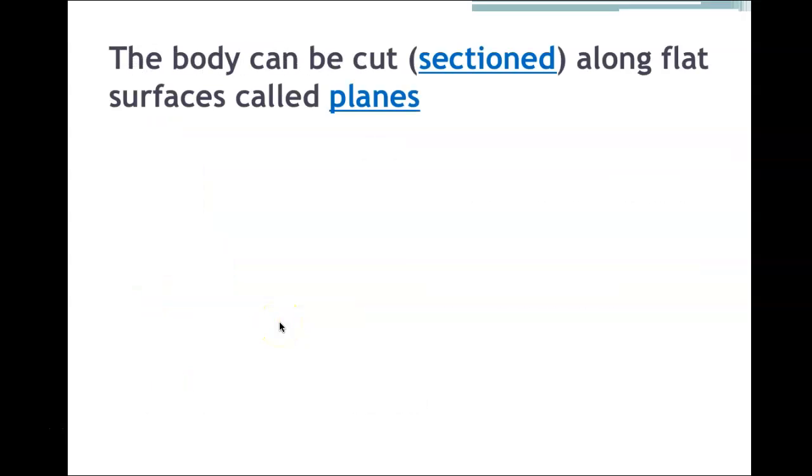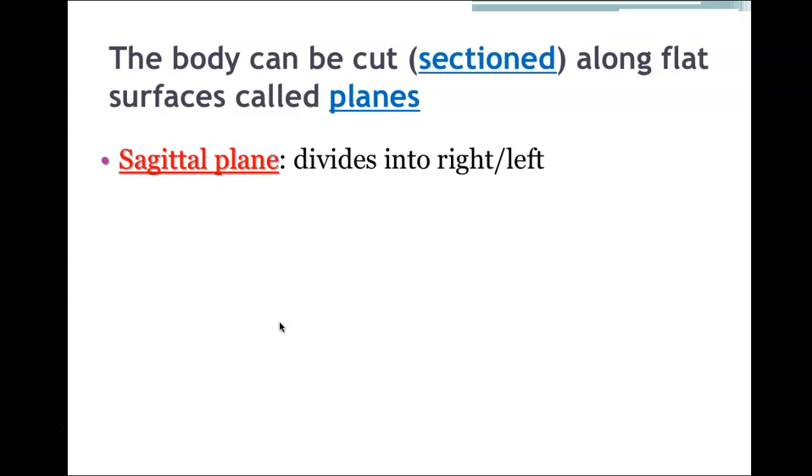The body can be cut and sectioned along planes. So this is important when you're doing dissections. The sagittal plane is going to divide the left and the right. So I'll give you just a minute to write that down. The sagittal plane divides the left and the right. So if you're dissecting, what you would do is just go straight through the middle, and you would divide the left and the right.